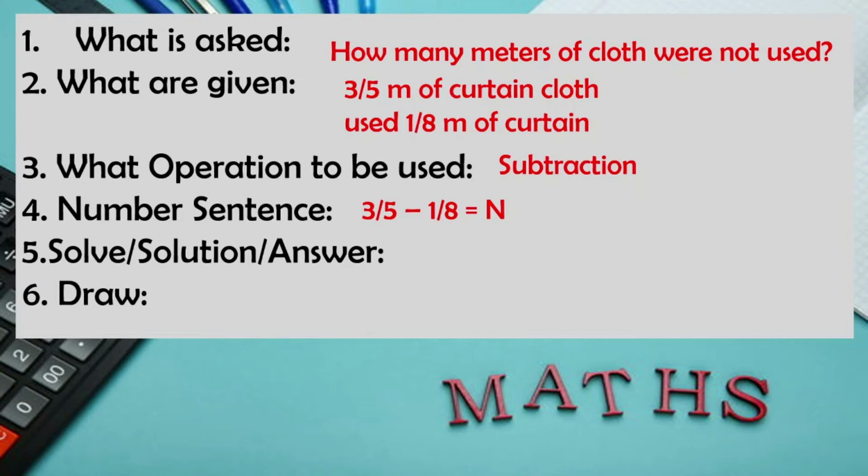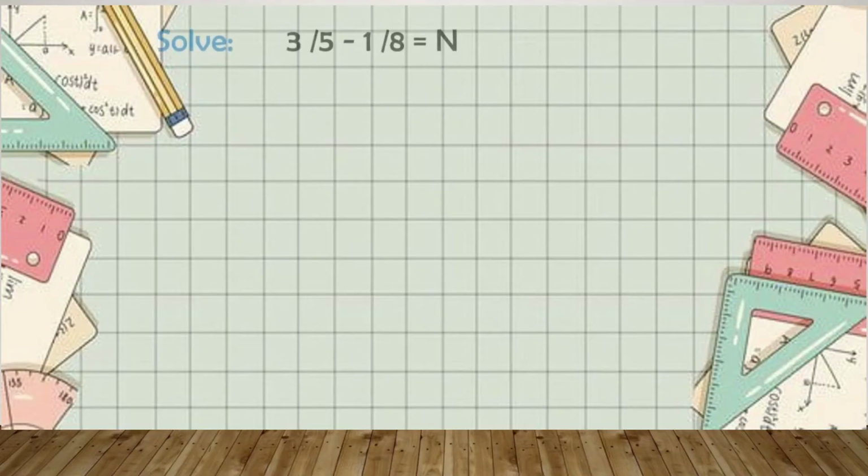Okay? So pag nasagutan niyo ng 4, doon na tayo sa solution kung paano natin isosolve or paano natin isusubtract ang 3/5 minus 1/8. So i-apply na natin yung napag-aralan natin last week. So magiging huli ang drawing pag nakuha na natin ang sagot. Okay? So tignan natin.